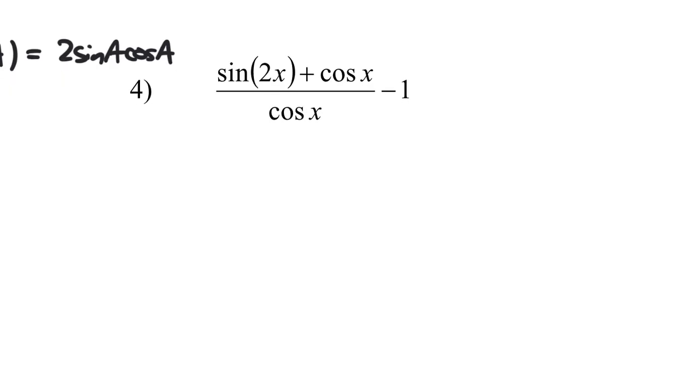On to number 4. All right, now let's take a look at number 4. As I approach this, I see it's another simplify problem. I don't have one equals 2, so I can't work on one side or the other. All I can really see here is the sine of 2x and the minus 1. I'm going to create a common denominator, and I'm going to use my double angle.